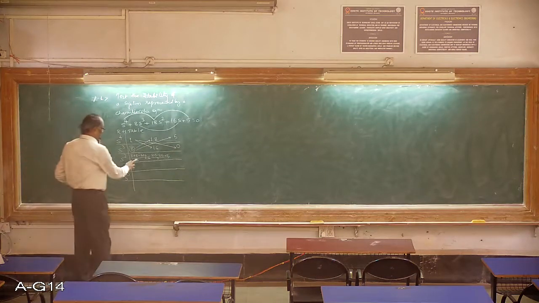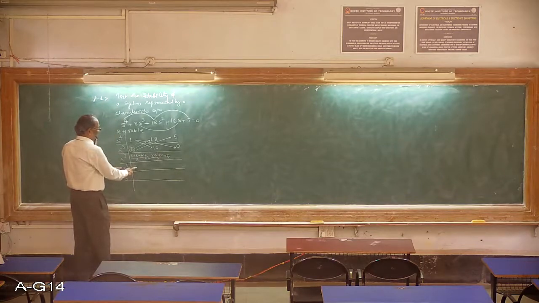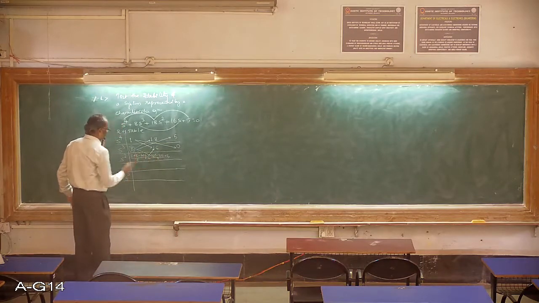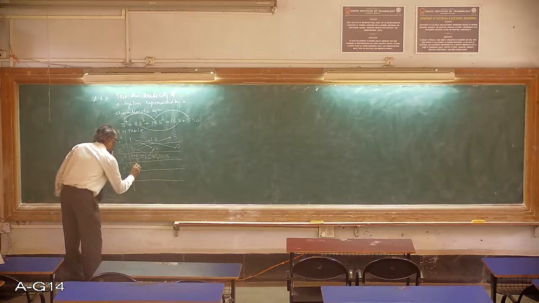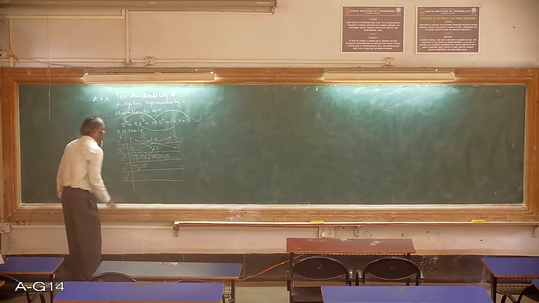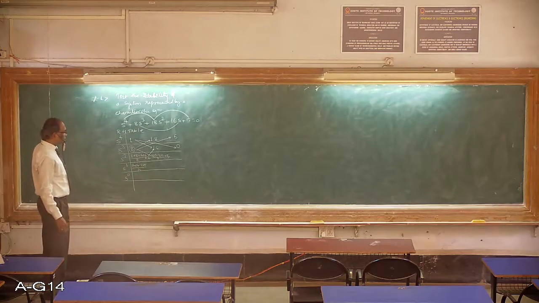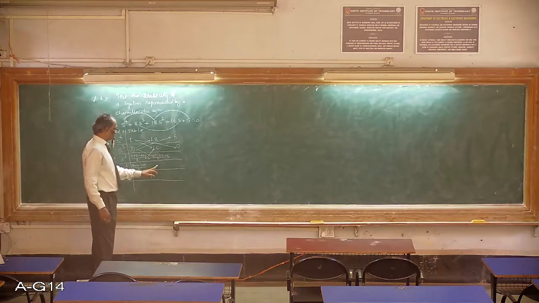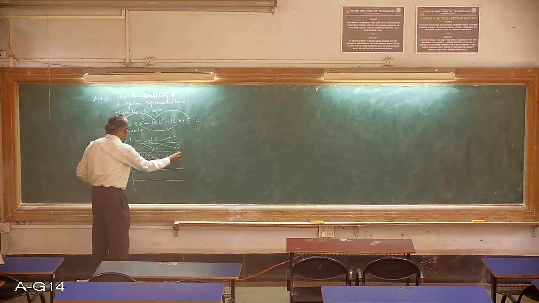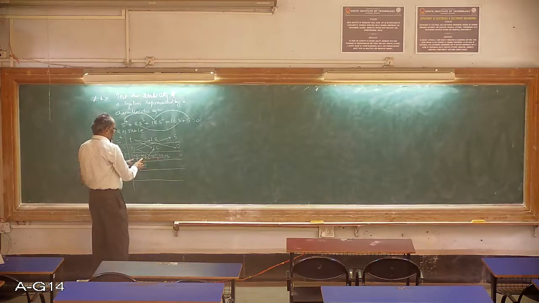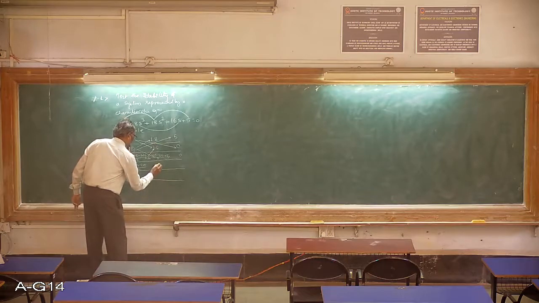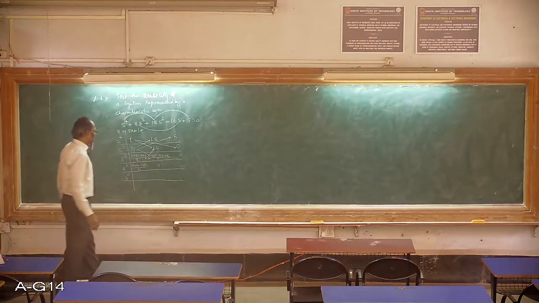Now to get this term: 16 into 16 minus 8 into 5 divided by 16. Now this term, as you can see, is also 0. You can assume this as 0: 16 into 0 minus this into 0 divided by 16. This will be 0.